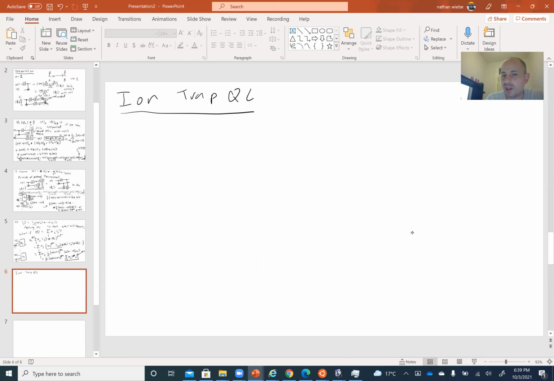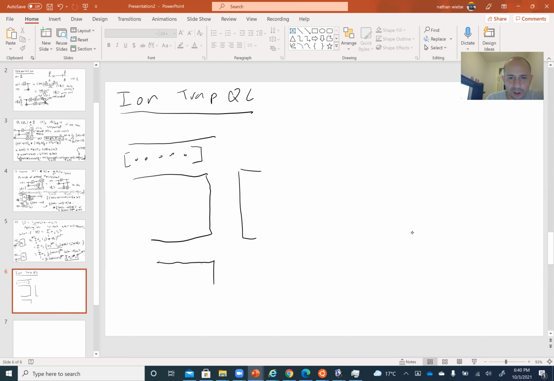I won't go into any details about the physics, but the basic idea is that they store information in hyperfine states of atoms inside chains, and we have all of these individual traps set up inside a lattice of different control and interaction regions.